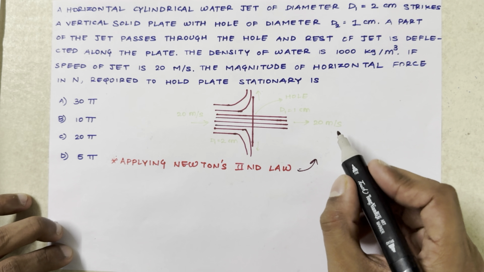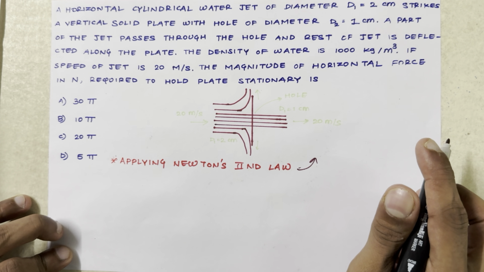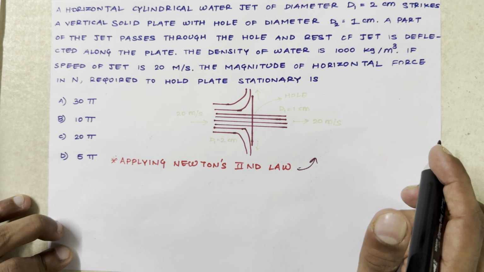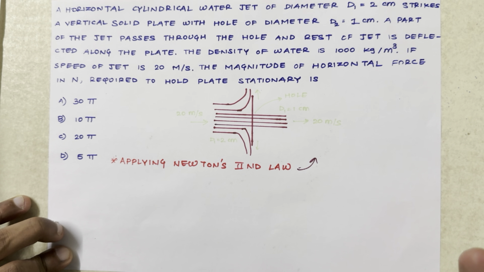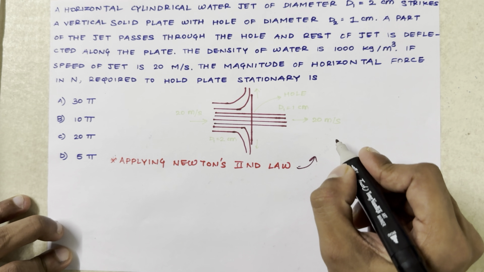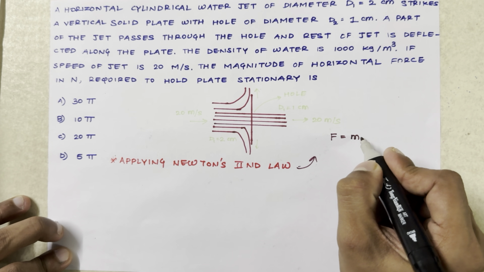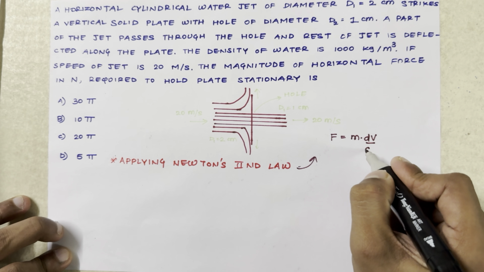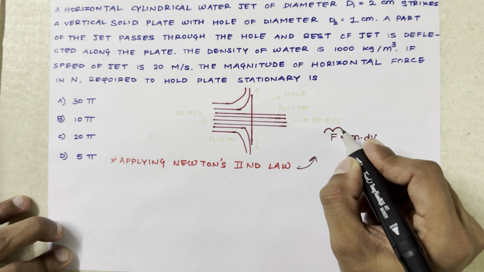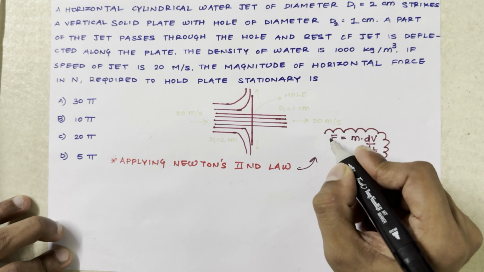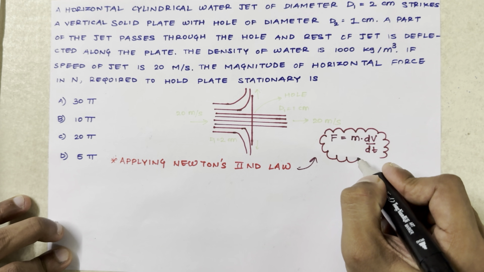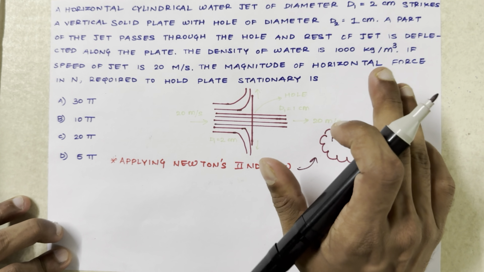We all know that the rate of change of momentum of any body between two time intervals t1 and t2 is equal to the force we apply. So F we can define as m times dv by dt. This is the most fundamental law which we are going to use in this question.